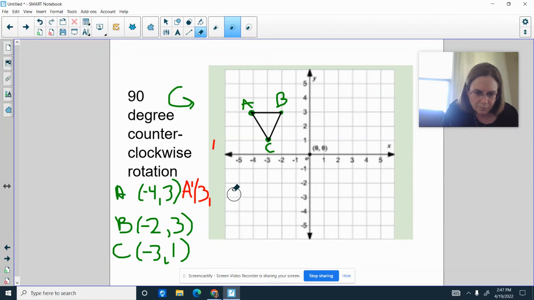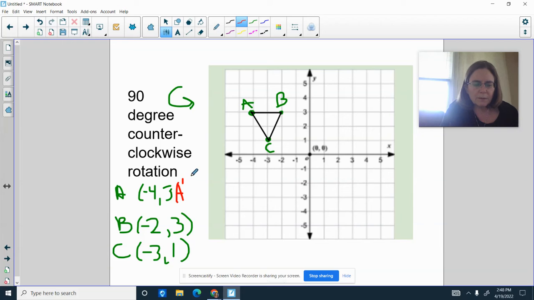Let me just write that again. Okay, so A prime is going to become, flip-flopping my numbers, 3, 4. And I'm going 90 degrees counterclockwise. So I'm going one quadrant counterclockwise.